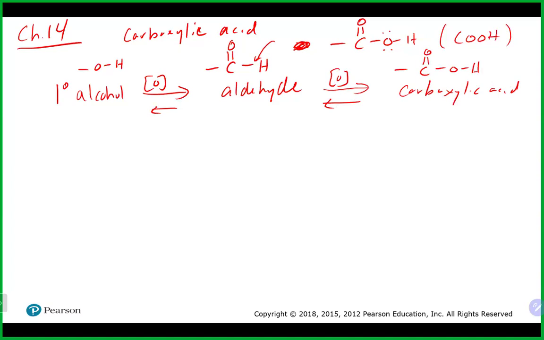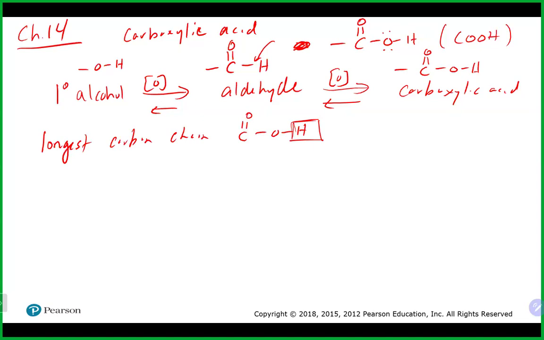In terms of naming these, it's really based off of the longest carbon chain, like pretty much most things that we talked about. It obviously does need to include the functional group. And because of the presence of this hydrogen there, much like the aldehydes, that group does need to be at the end of the molecule, one end or the other. Otherwise, hydrogen will have too many bonds.